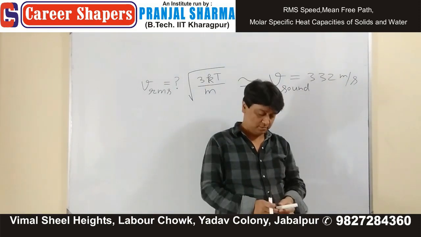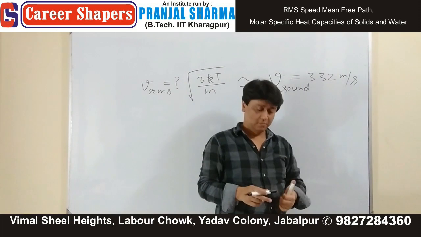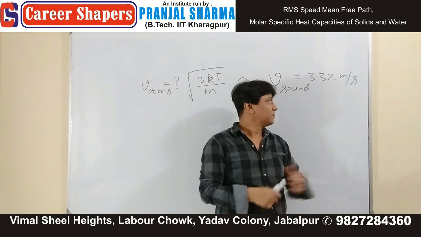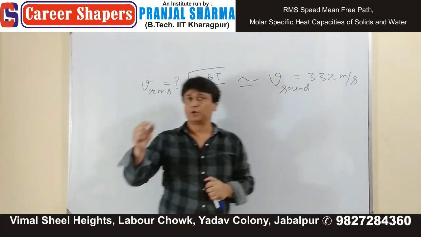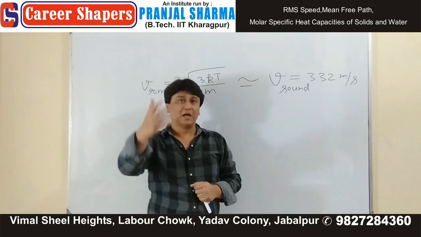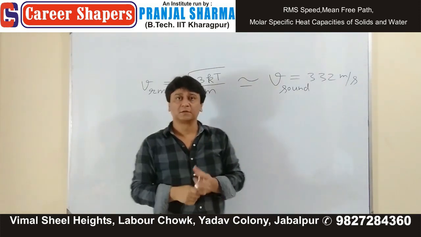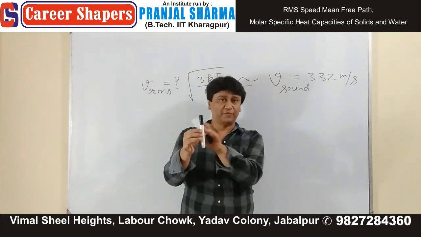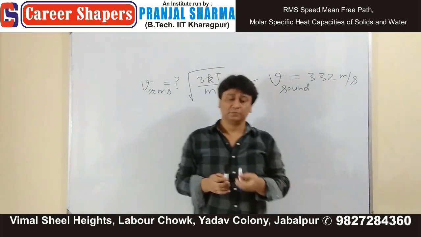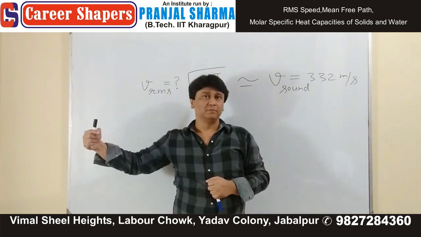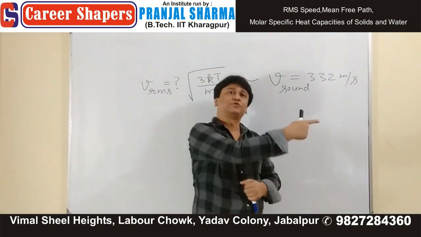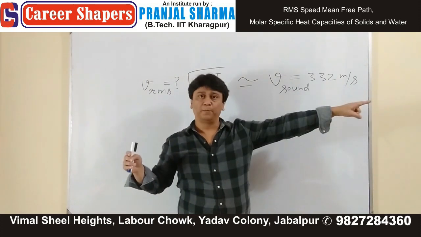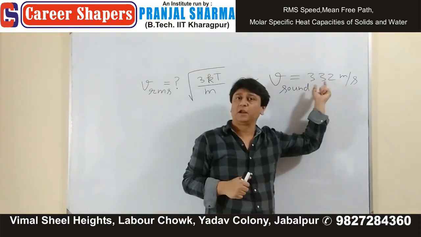That means if you have a molecule, and as we say that in an ideal gas, this one interacts with this then gets the energy of this one, and the whole thing continues. So in just 1 second, we can transfer information from this place to roughly a place which is at a distance of 332 meters.